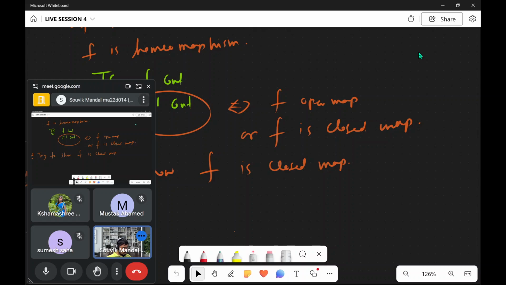Are you able to figure out the adjustments? We need to take a closed subset of X. Yes, of course. Then what?